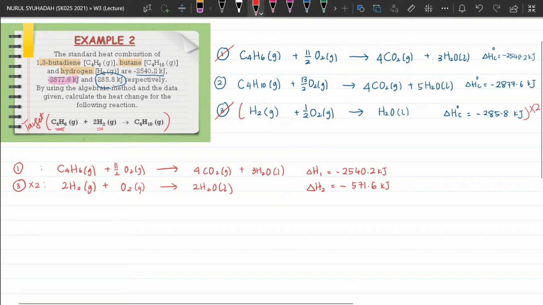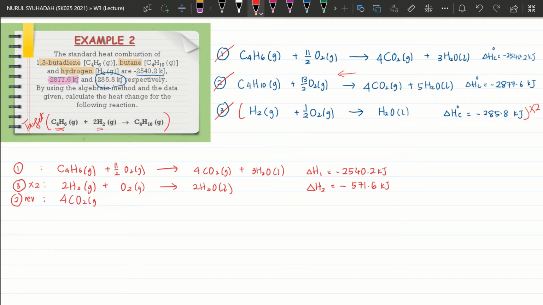So we need to reverse this equation. And how about the number of moles? 1 mole, 1 mole. So the only thing that we need to do is just reverse the equation. So settle equation 2, reverse.